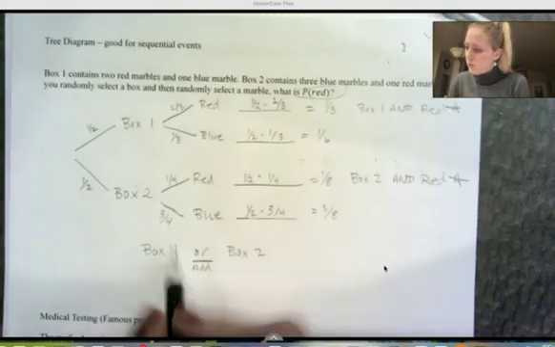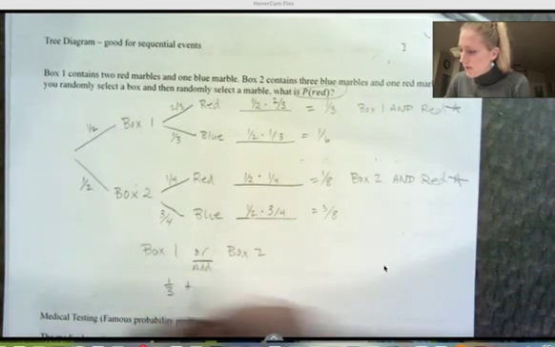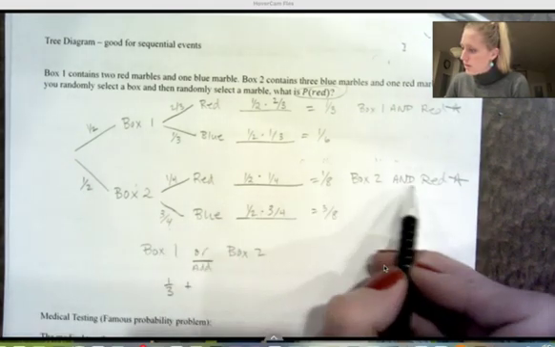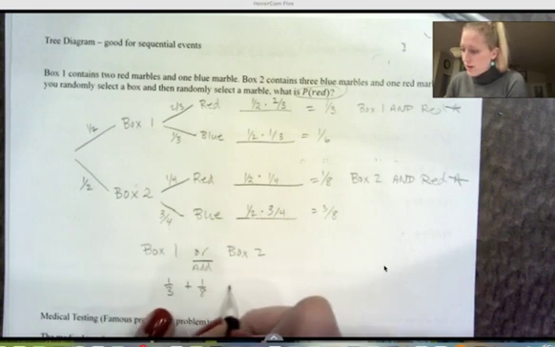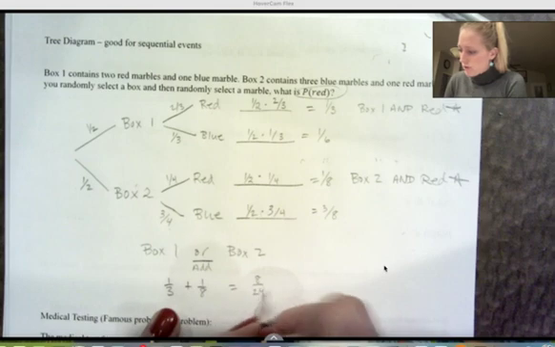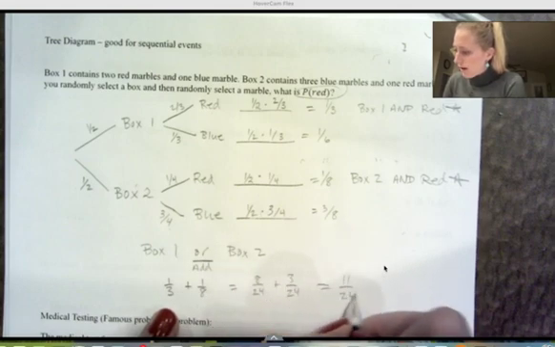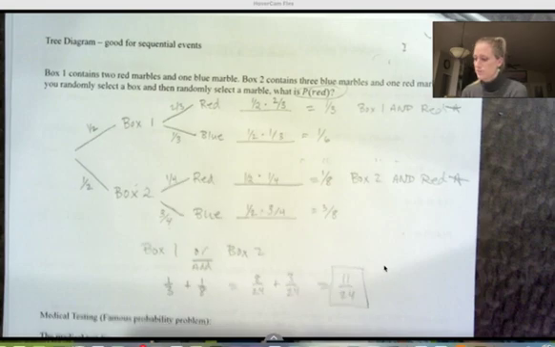So the probability of box 1 and red is 1/3. The probability of box 2 and red is 1/8. If I get a common denominator, this would be 8/24 plus 3/24. So 11/24 would be the probability of me choosing a red marble out of either box.